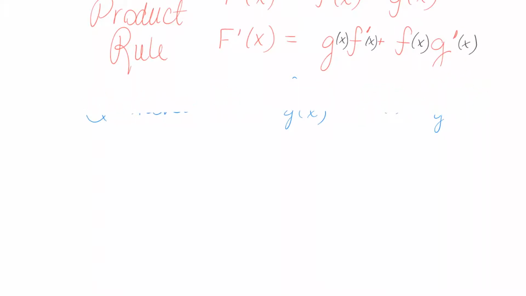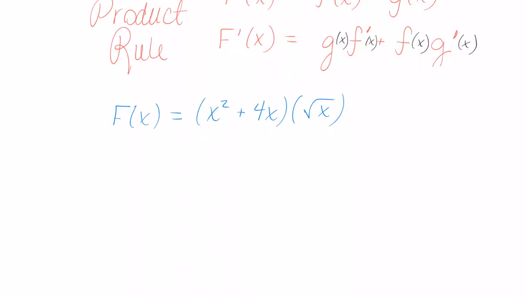Okay, let me erase this and let's just talk about the product rule for a second. Let's say we've got F of x equals, I don't know, x squared plus 4x times the square root of x. Now, I understand we could distribute this and multiply it out and get ourselves to a polynomial that would not require the product rule, but for the sake of practice, we're going to use the product rule here.